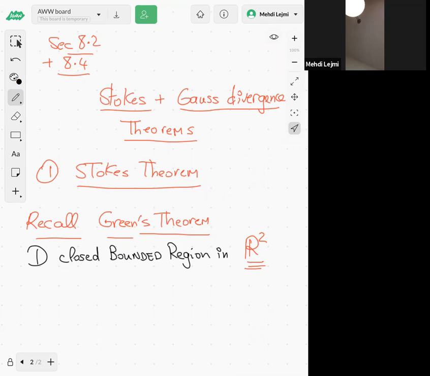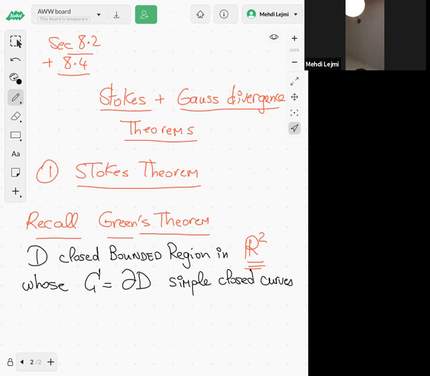The boundary of D is given by finitely many simple closed curves.